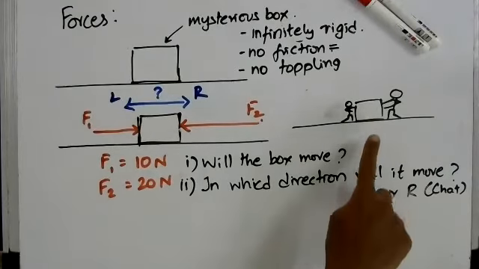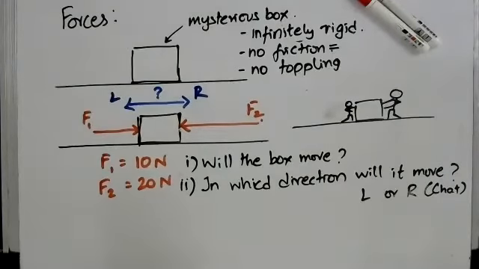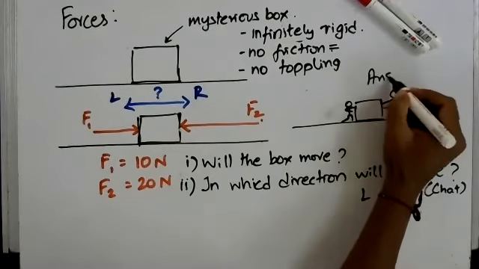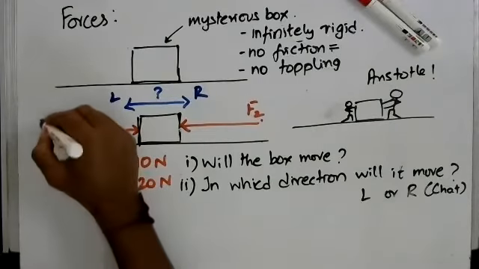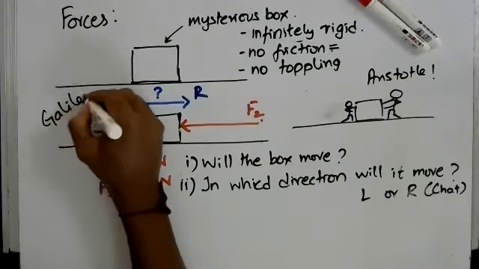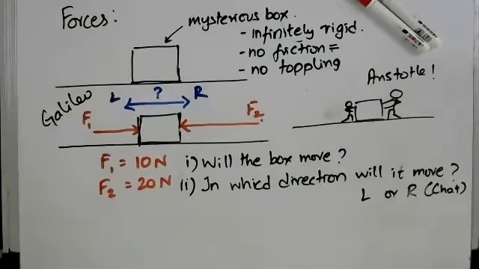You start thinking about the people and so on, and then what happens is you become Aristotle. We don't want to be Aristotle, we want to be Galileo. Newton. Galileo or Newtonian. Galileo is the first person according to our story, so I stick with Galileo. Okay, let's give some credit to Galileo.